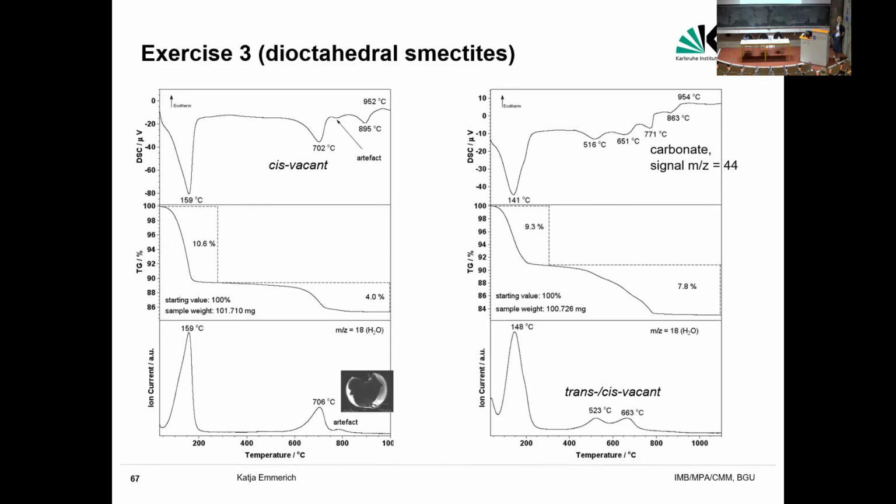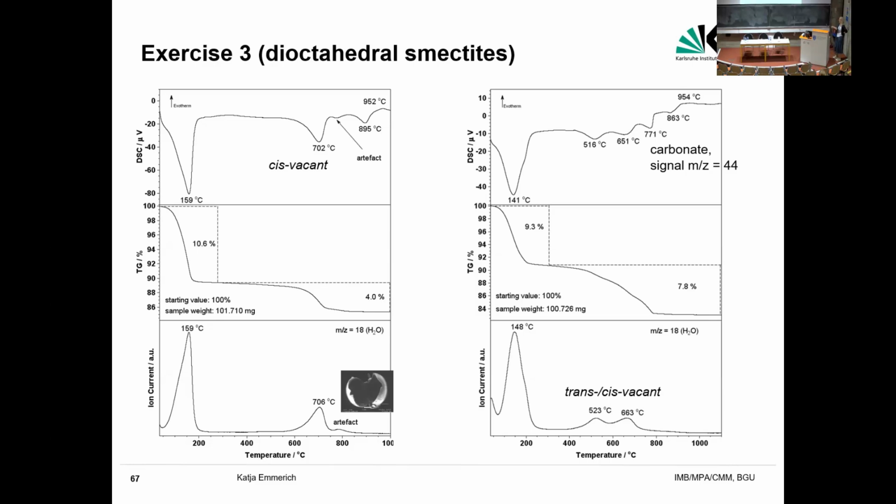This is an exercise to recognize the structure of dioctahedral smectites, either cis-vacant with dehydroxylation temperature between 600 and 700 degrees Celsius, or this smectite has a mixture of trans-vacant and cis-vacant octahedral sheets.